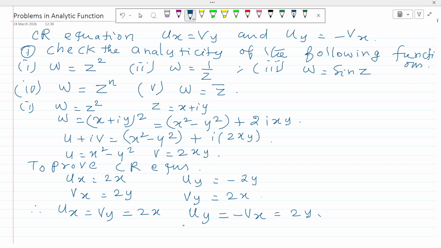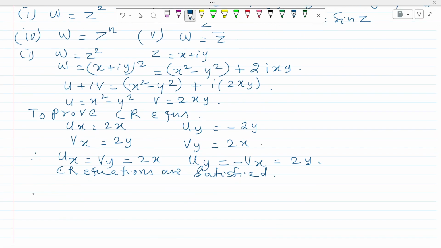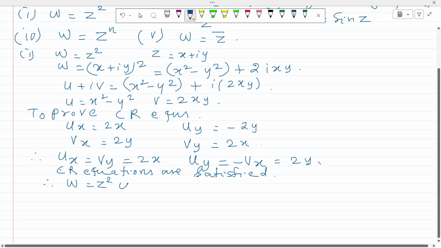Is it not? So CR equations are satisfied. Therefore, W equal to z square is an analytic function.